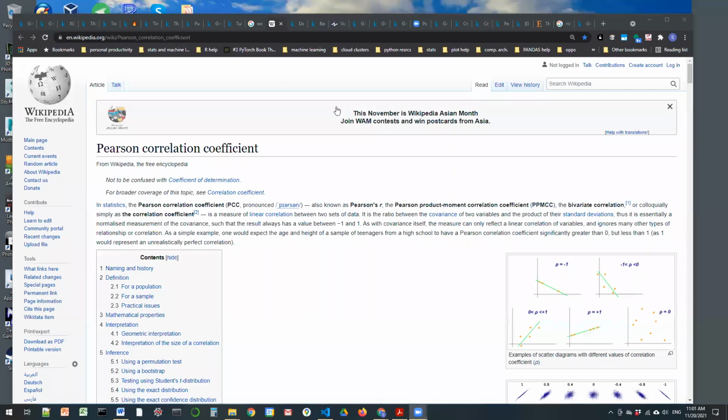Give me a minute to find the correct thing to share here. Let me know whether you see a Wikipedia page.